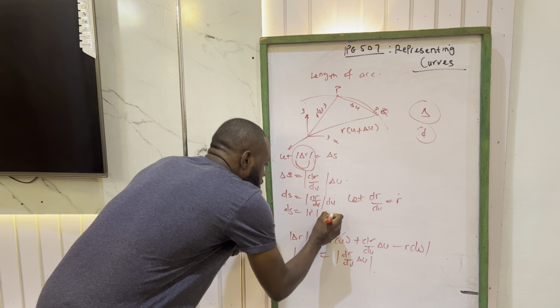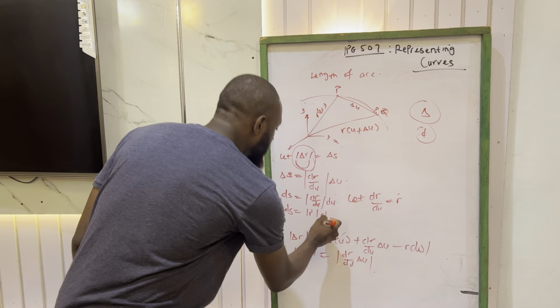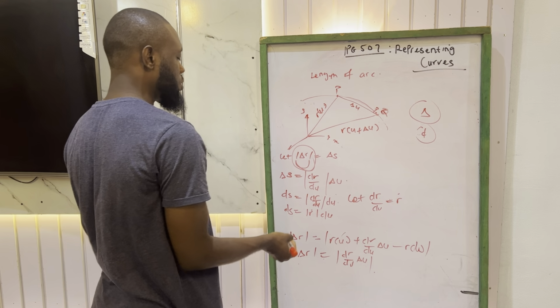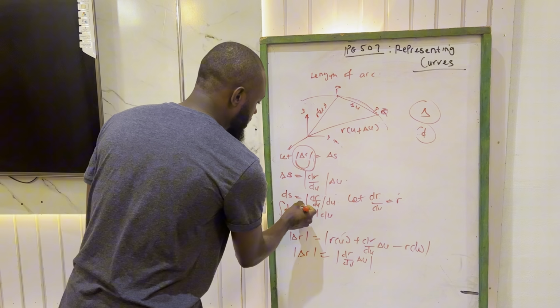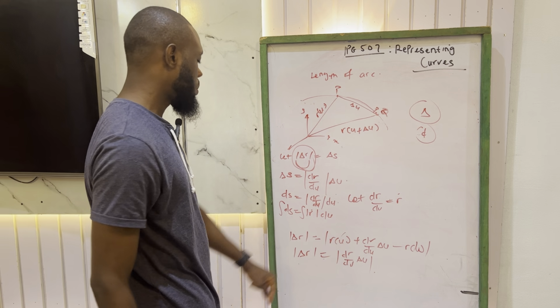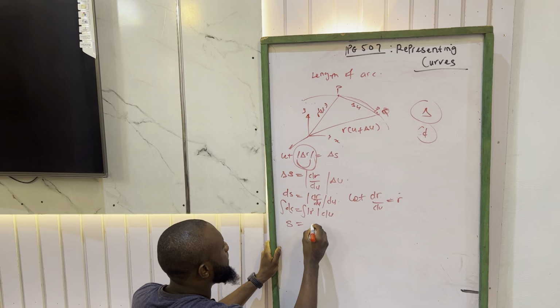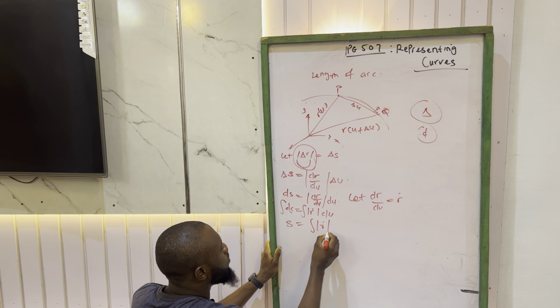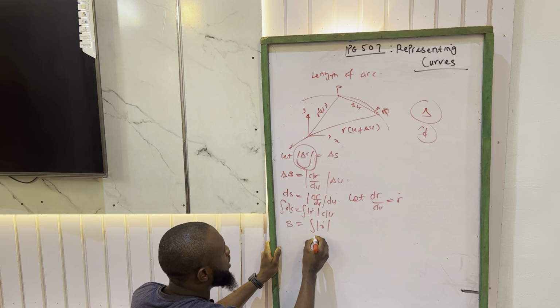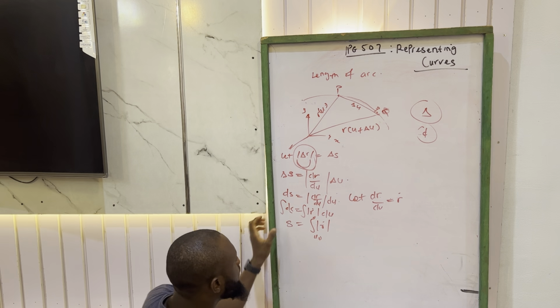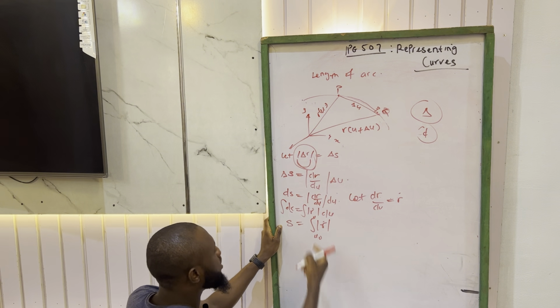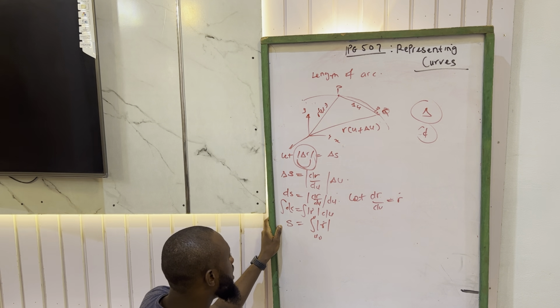Then we can integrate both sides, with respect to s here and with respect to U. So that at the end of the day we get S equals the integral from U naught, the initial value of U, to whatever final value of U that we have, of the R du, du.